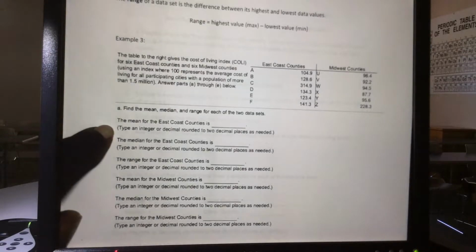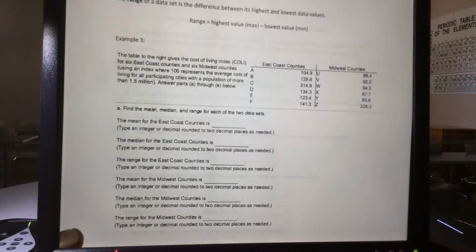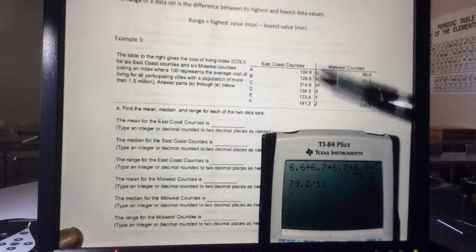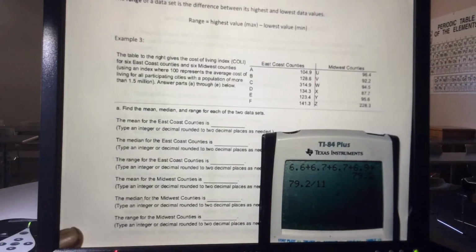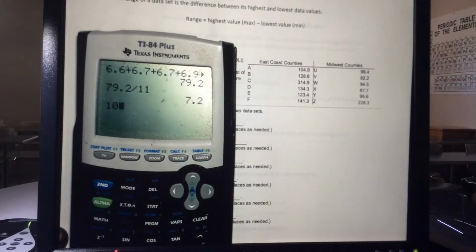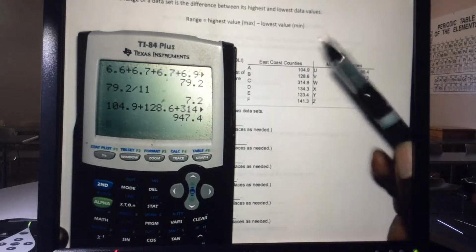Here we're going to find the mean for the East Coast counties. These are my data set for East Coast counties, as you can see in that table. To find the mean, we just take the sum of those data values: 104.9, 128.6, 314.9, 134.3, 123.4, and 141.3. That sum is 947.4. Now there are 6 data values.